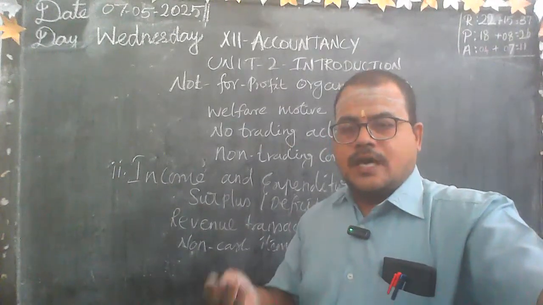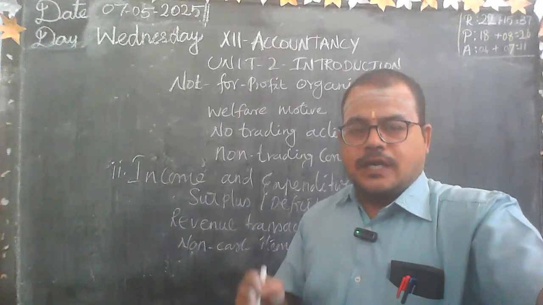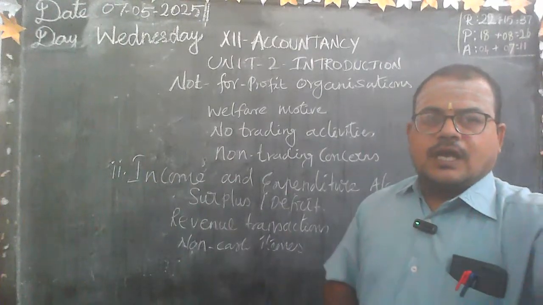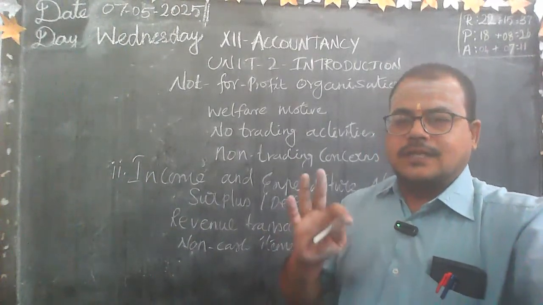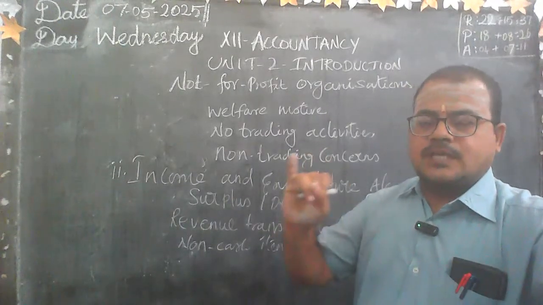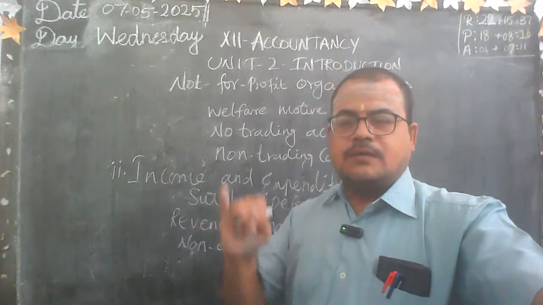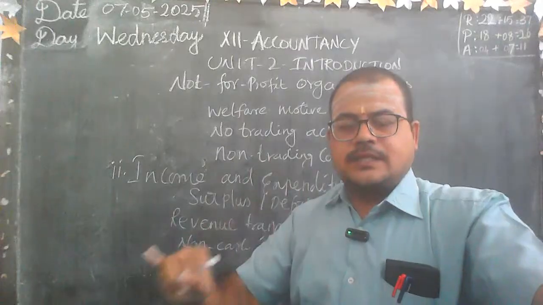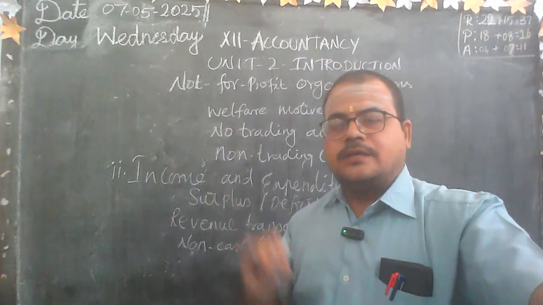Okay. This organization prepares final accounts at the end of each accounting period. The final accounts contain three parts. One is the receipts and payments account. The receipts and payment account is a real account in nature. It records only cash transactions. Non-cash items should not be recorded.